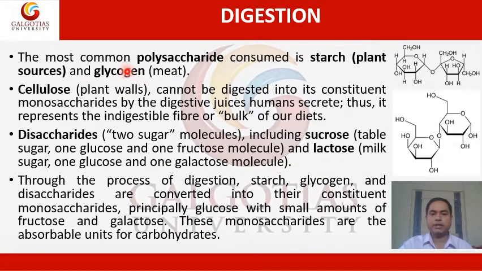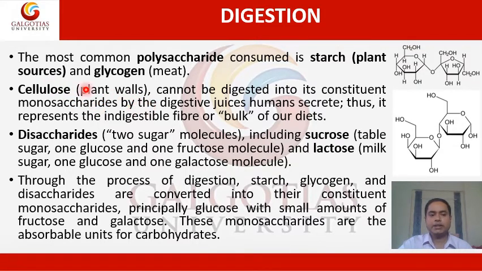The most common polysaccharides consumed are starch, which comes from plant sources, and glycogen from animal sources. Cellulose, which is present in plant walls, cannot be digested by humans because humans cannot secrete the digestive juices that can digest the cellulose to its monosaccharide form.